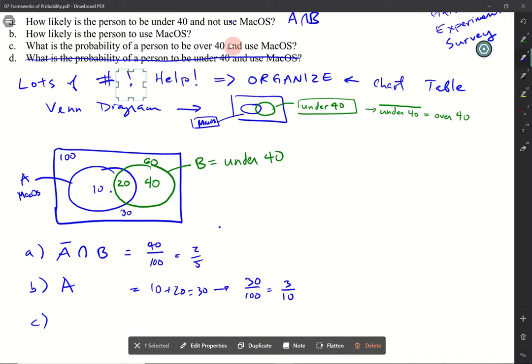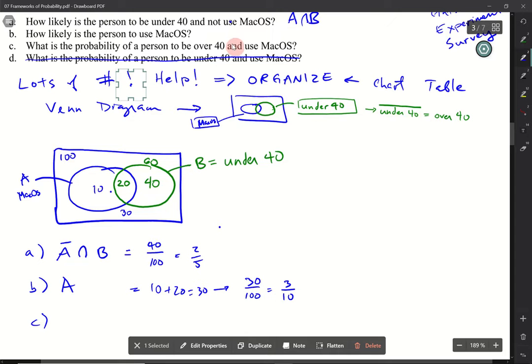We need to have, and you should think of it meaning we need. If it were or, what would we use? If it were or, we would use union, right? So and, we use intersect, right? So there's and, so we're going to have some type of intersection.